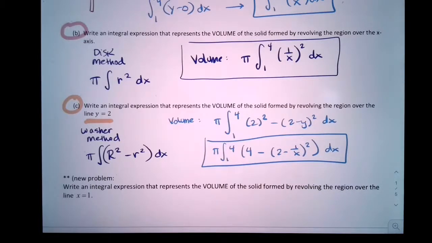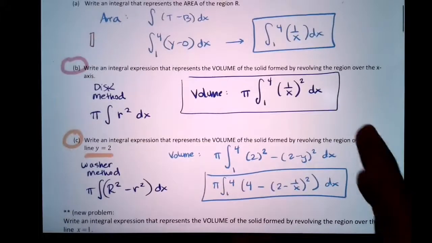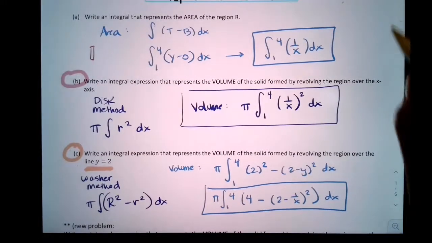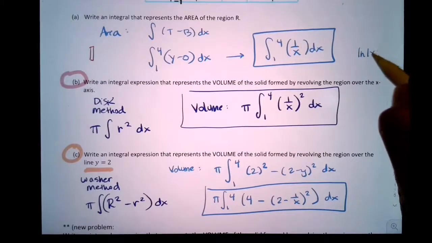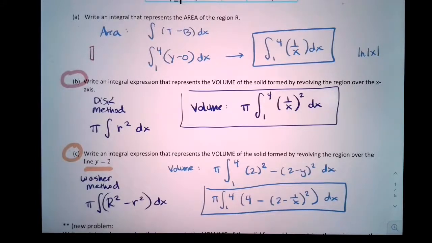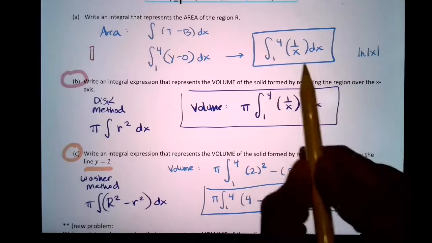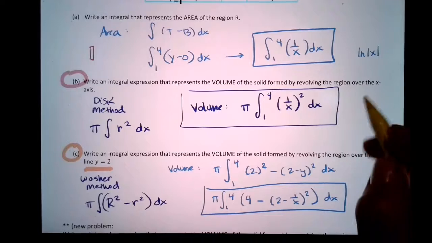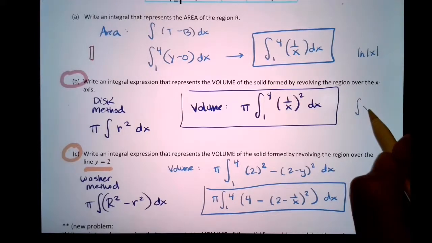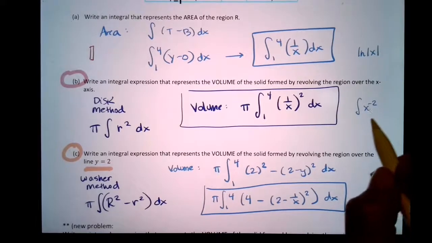So of course you could crunch the numbers on all of these and come up with a numerical value. For sure, these are all doable. It's worth noting here that on part A, your antiderivative involves the natural log of the absolute value of x, just for talking about actually evaluating that. Notice here on part B, your antiderivative is really involving a power rule.